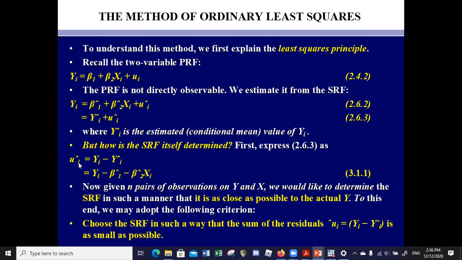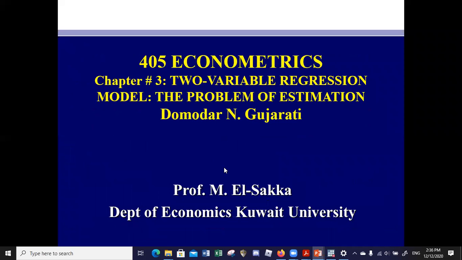Residue is denoted by ui hat, and it is defined as y minus y hat. Remember, residue is the sample version of the disturbance term, the error term.